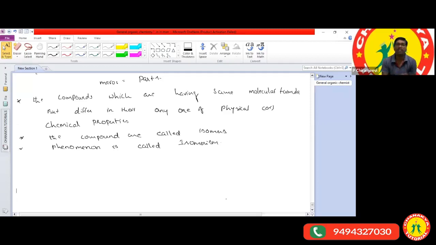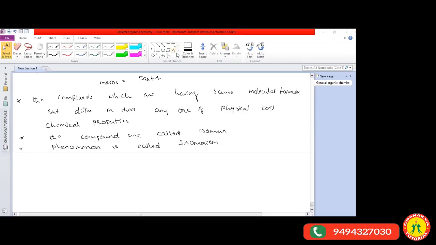How do they differ in physical and chemical properties? I think you already know the examples of physical properties. What is meant by physical properties?